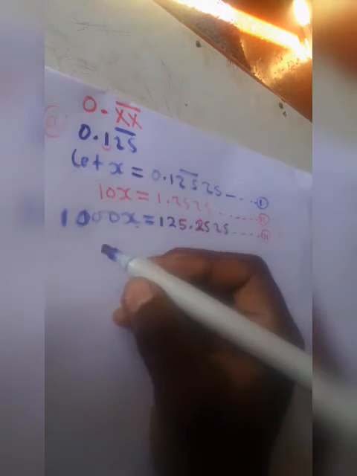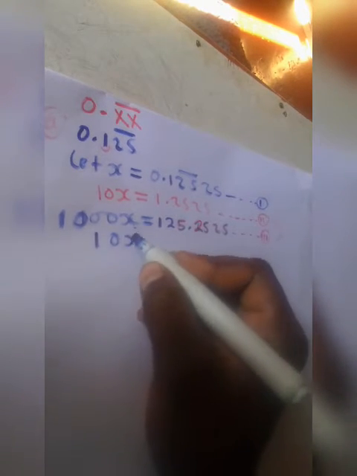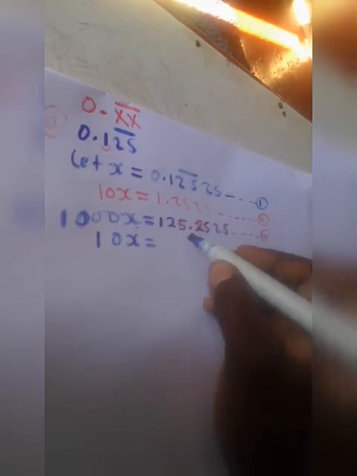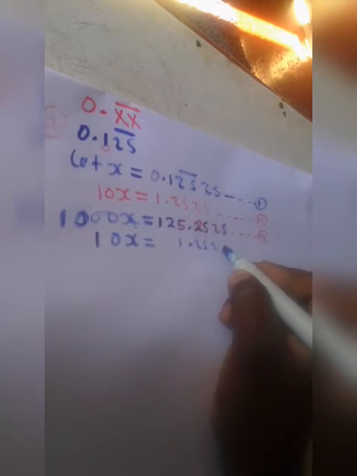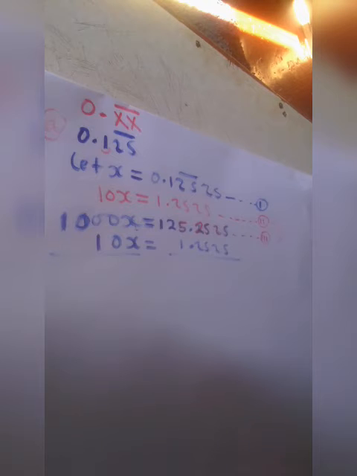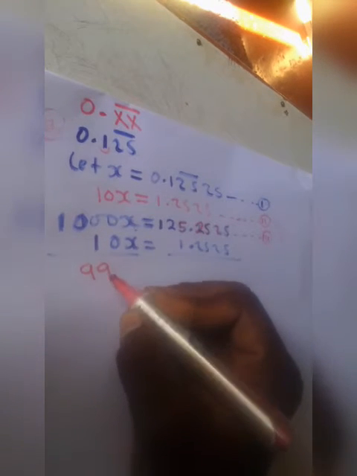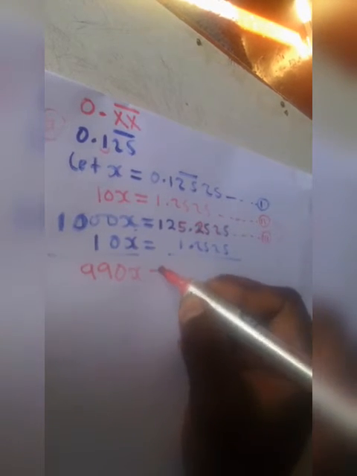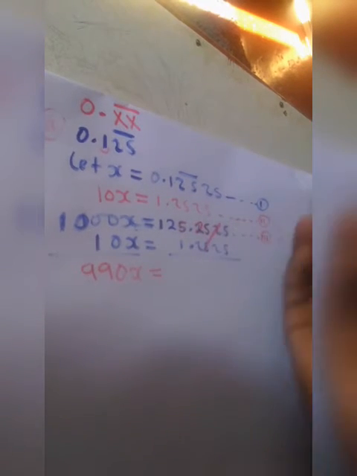So when you do that, you are going to have this. Let's subtract 10x from here. Then we subtract 1.2525 from this number. You see the numbers which you are going to get. So this side, when you subtract 1000 minus 10, you're going to have 990. 990x is equal to, this will cancel because they are just the same.